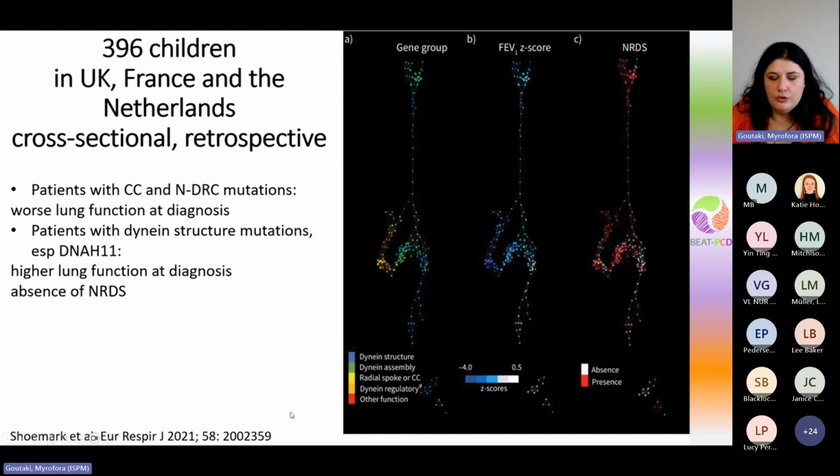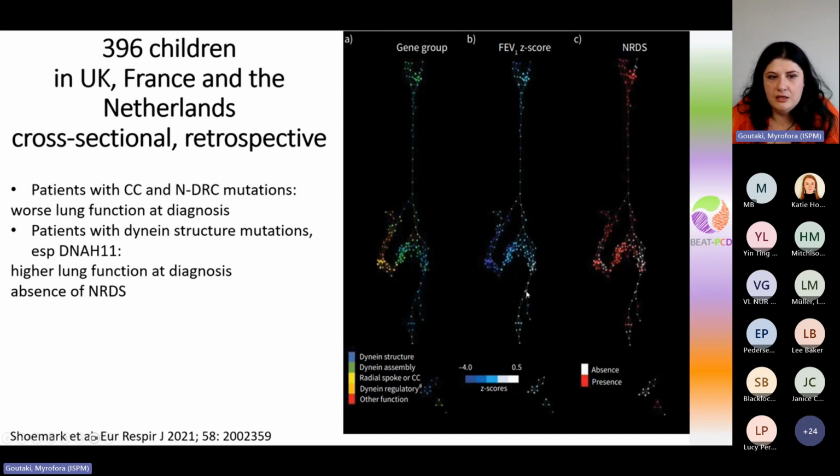I want to say a few more things on this study from Sumark et al. It included a really large population of children from the UK, France, and the Netherlands. It used cross-sectional and retrospective data, but what is characteristic is that instead of comparing one specific outcome like lung function or the prevalence of one symptom, they applied a data-driven hypothesis to try to describe phenotypes.